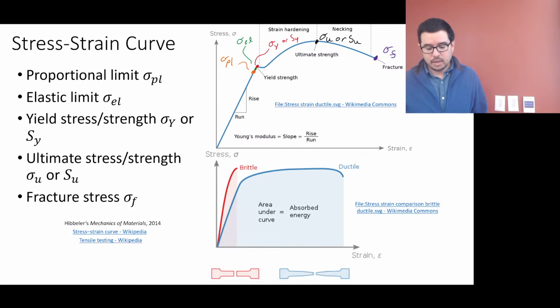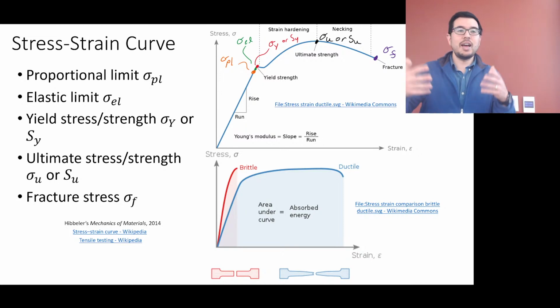Necking you can kind of see here: these samples had a cross-sectional area, then they tapered out, they thinned, and then they broke. There is a difference between a ductile material and a brittle material. If you look at some of the videos I posted, I wish some of these videos existed when I was taking this class, because I think they do a better job explaining graphically the principles than I can with my hands or my voice, or my drawings even.